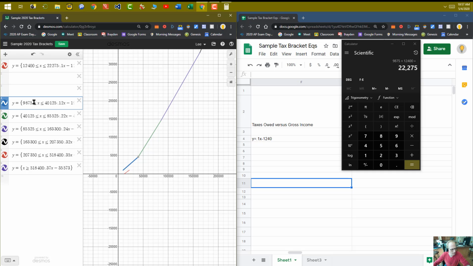Okay, so how does that affect the second one? Well, for the range, you're going to have to go in and add $12,400 to every value here that specifies the range for x.